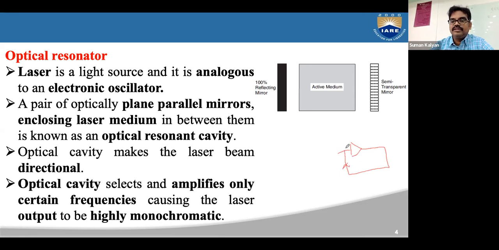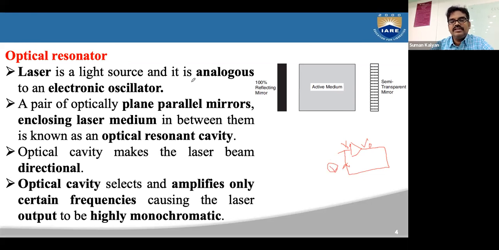So this will be your V naught and this will be your V in. We send a signal, and the output is again fed to the input. This is what we call an electronic oscillator.